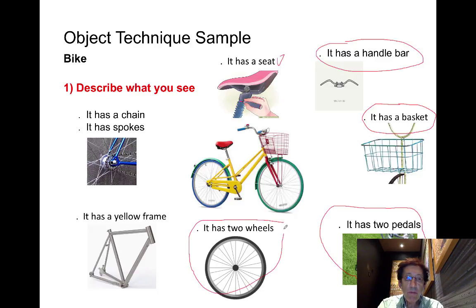Two wheels. The object is in the shape of a circle, and at the center there is a connector. It connects the steels from the center to the rim. To the rim?